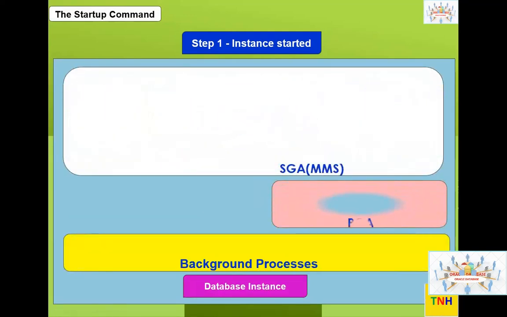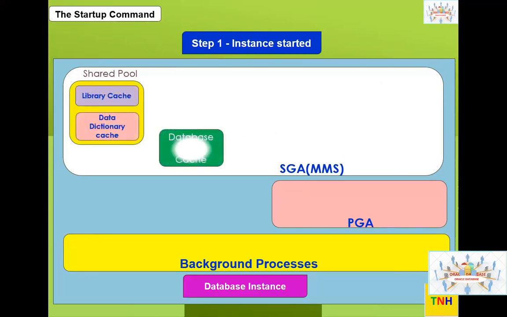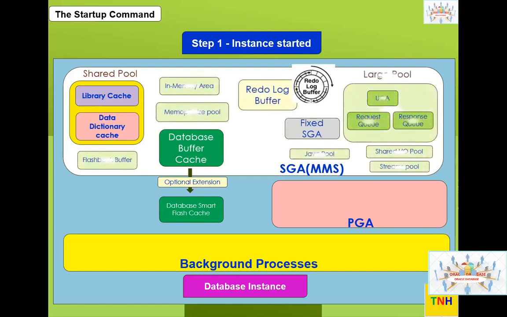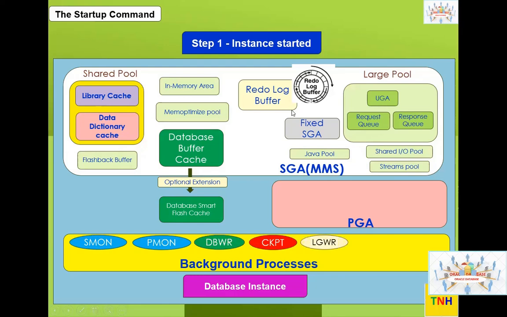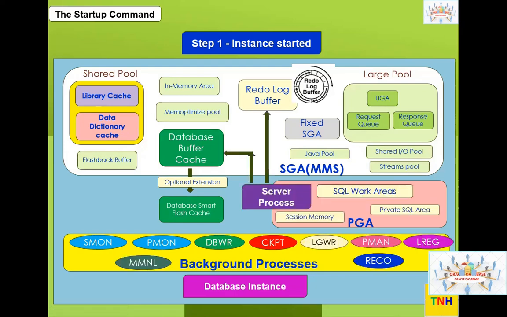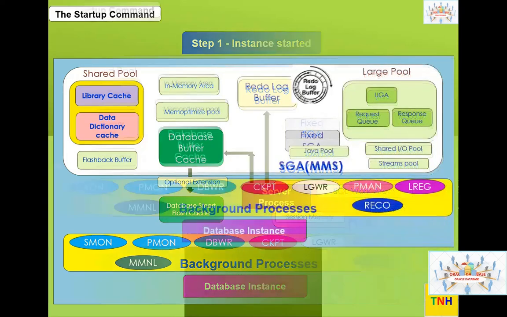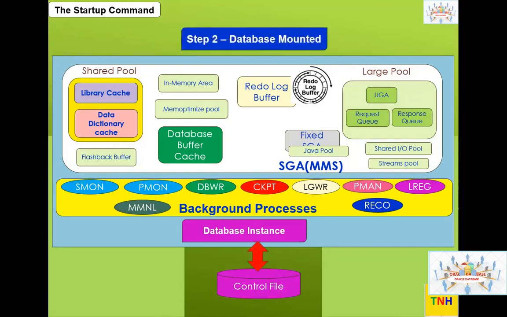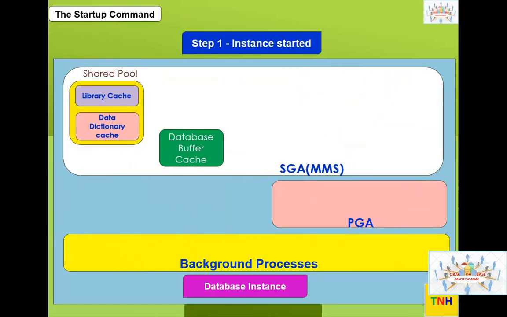I'll be taking you through step by step with practicals as well. This is the very first one, instance started, and after that the mounting will take place. Startup command, then we have the mount, the database gets mounted, and the control file gets opened. So let's go through these things little by little.